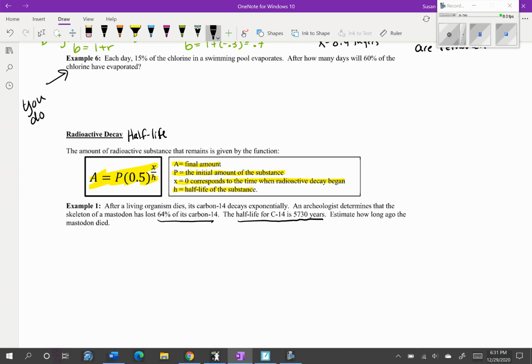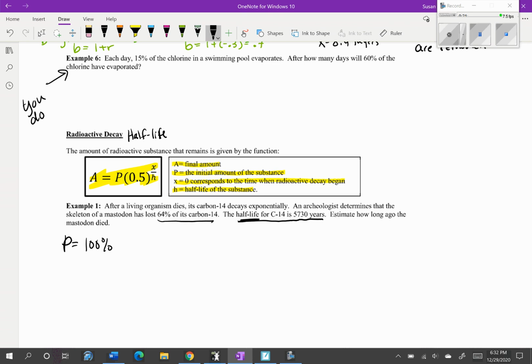For this, notice again, we're not talking about compounding continuously or annually or anything like that. So that's how we know we're not using those formulas. And the key word is, of course, half-life, which tells you to use the half-life formula. In this case, your starting amount, just like the chlorine problem, you start off with 100% of the living organism, which is the mastodon.